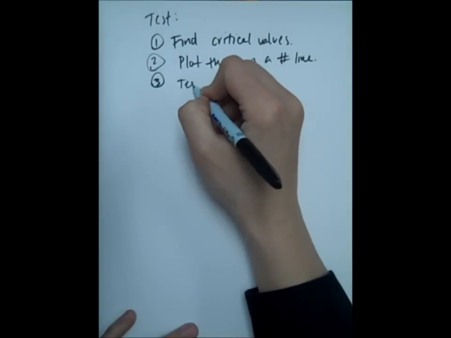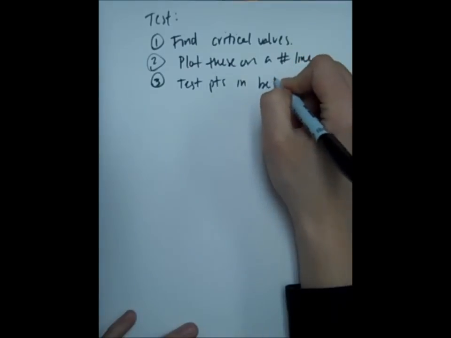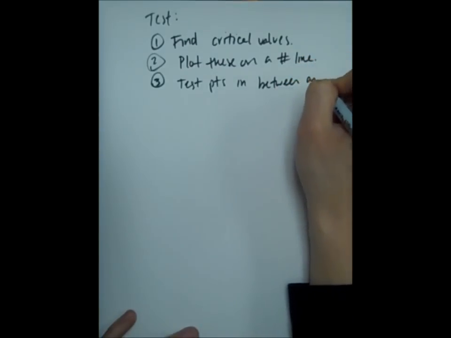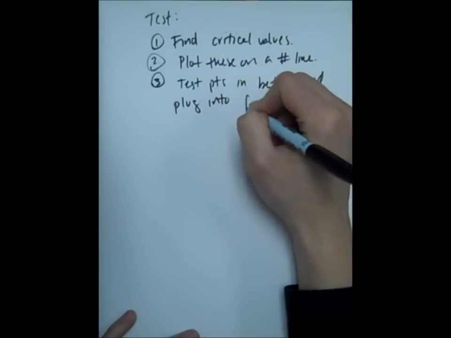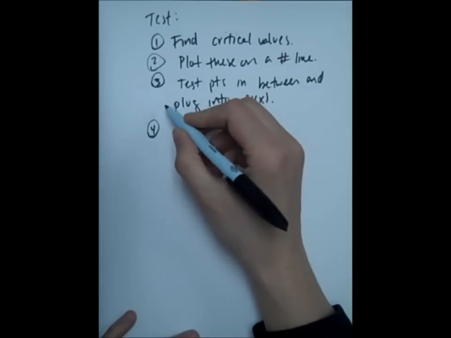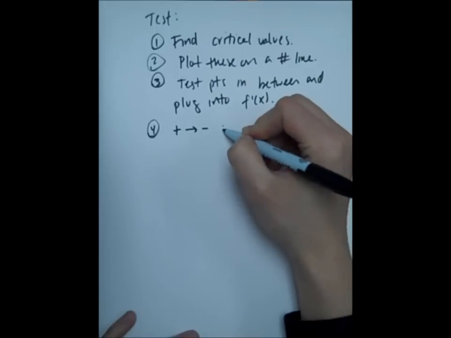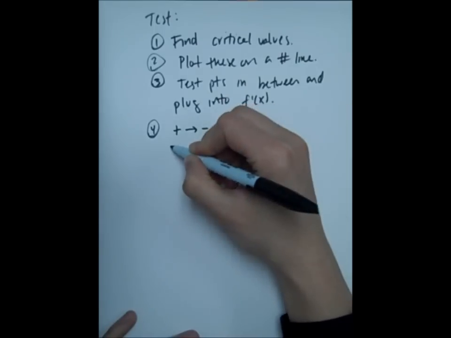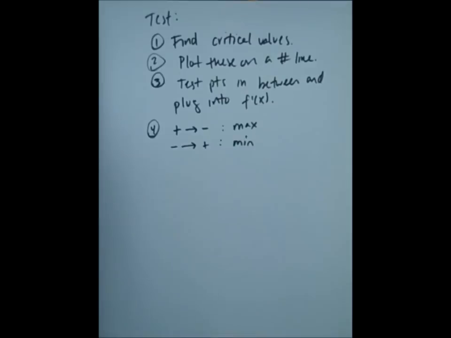Next, we're going to test points in between and plug into f prime. Then if the slope went from positive to negative, we have a maximum. If it went from negative to positive, then we have a minimum, which we just did.